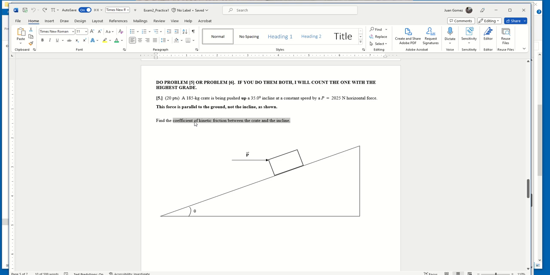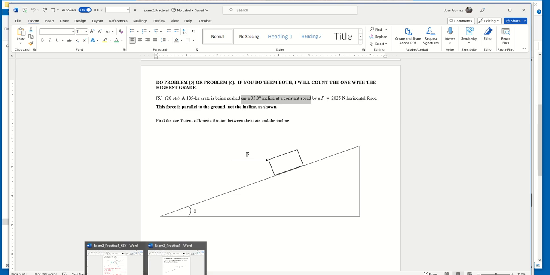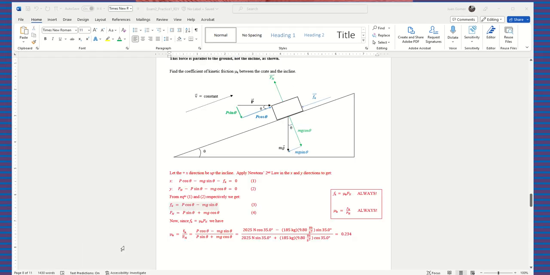Okay, so we want the coefficient of kinetic friction mu k between the crate and the incline. And we know the crate is being pushed up the incline at a constant speed by that pushing force. Well, let's draw the other forces acting on the crate, then apply Newton's second law.